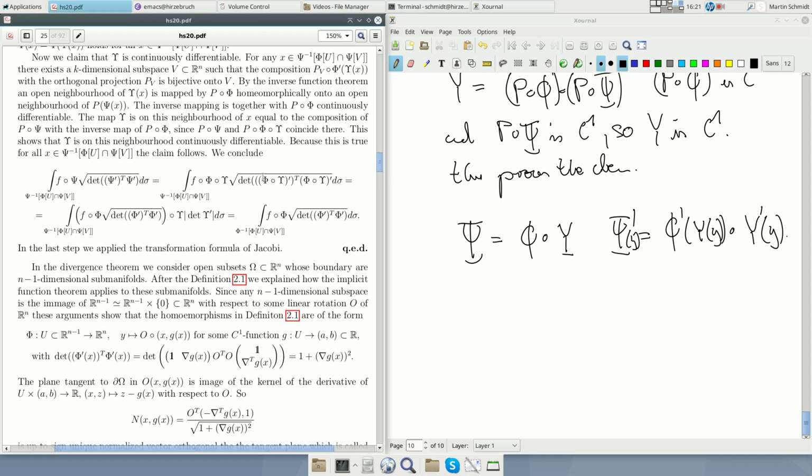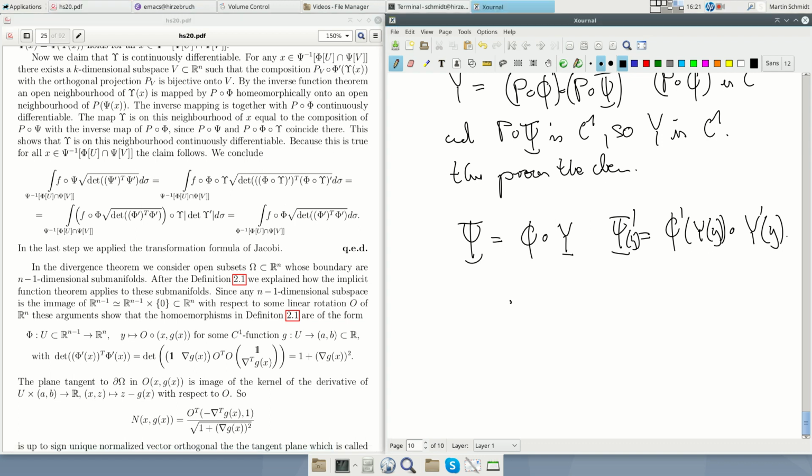Now if we write this, we obtain psi prime transposed times psi prime, the whole thing.